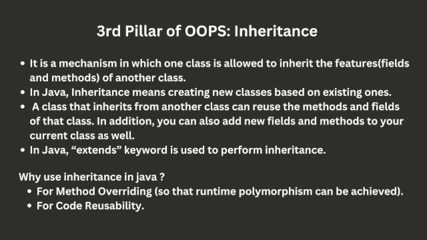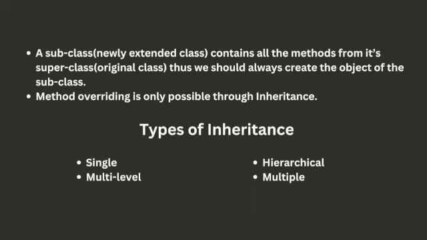A class that inherits from another class can reuse the methods and fields of that class, and in addition they can add their own methods to that class. In Java, whenever we are inheriting something, we use the extends keyword. Why do we need inheritance? For method overriding and for code reusability.